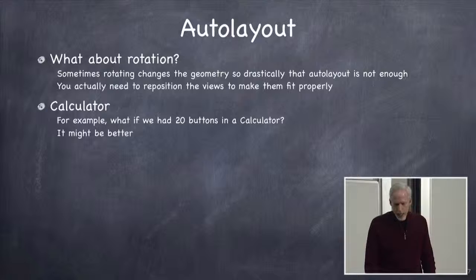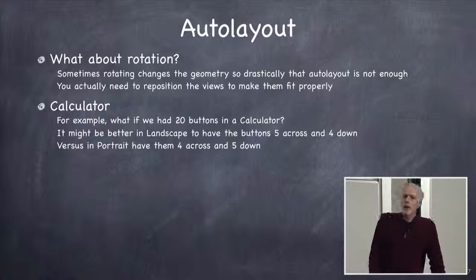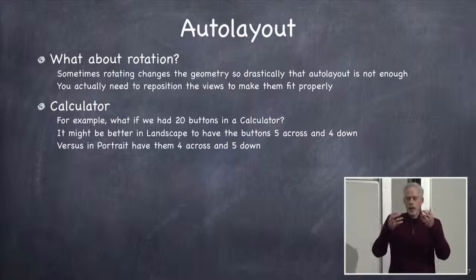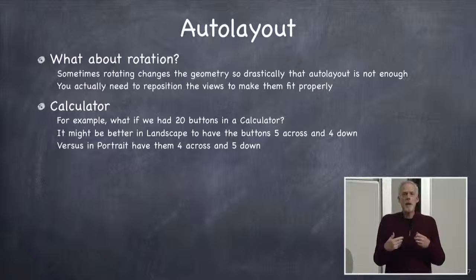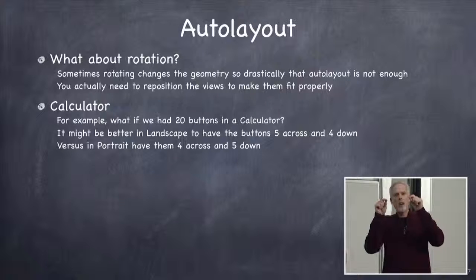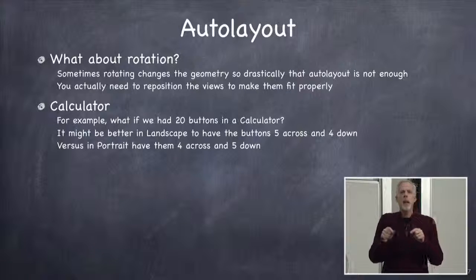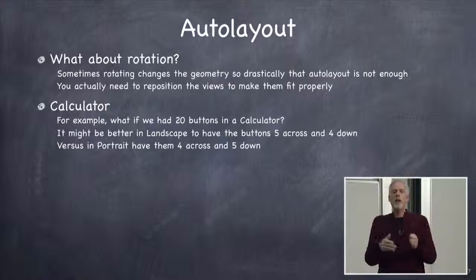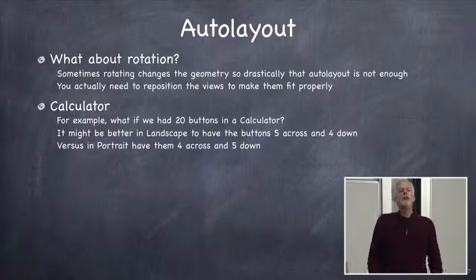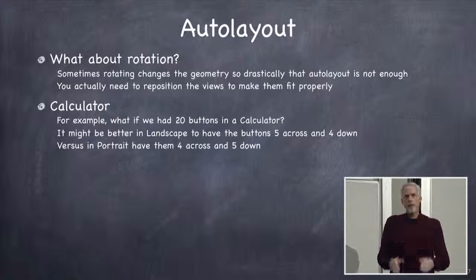And actually a great example of that is our calculator, okay? The calculator we last saw in demo had 20 buttons, all right? And we had it as 4 across and 5 down. That made a lot of sense, because in portrait mode, we had a lot of vertical space and not a whole lot of horizontal space, so we went for 5 high and 4 wide.